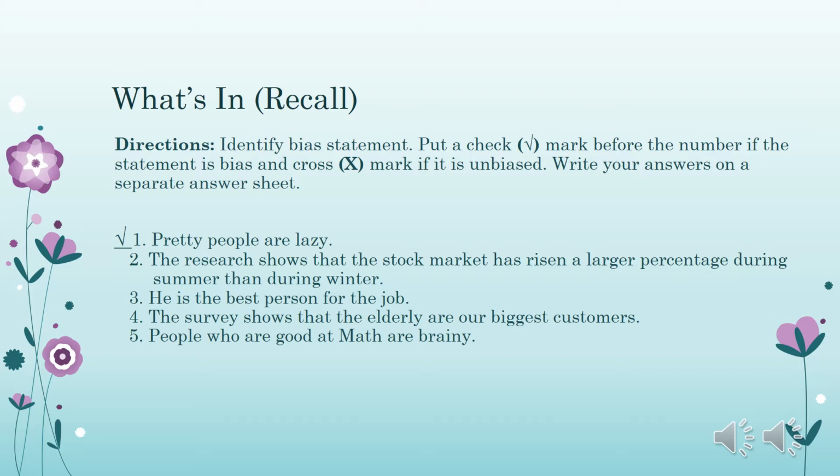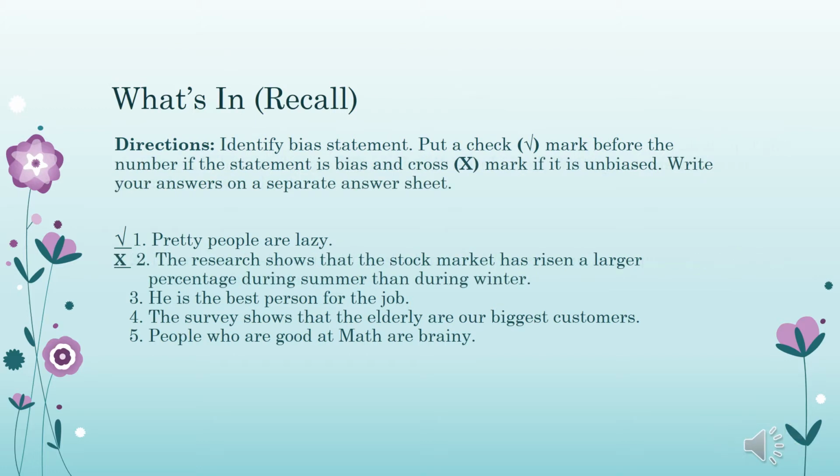Next, number 2, the research shows that the stock market has risen a larger percentage during summer than during winter. What is your answer? The answer in number 2 is cross, because this statement is not biased.